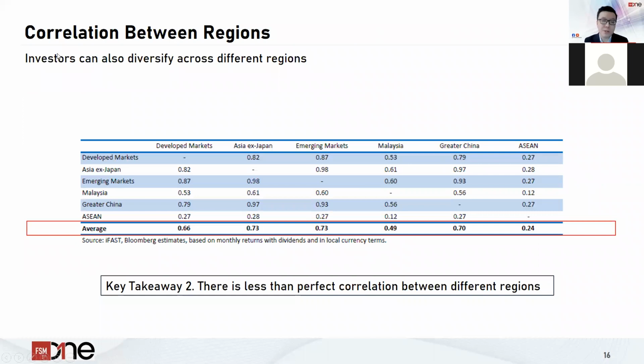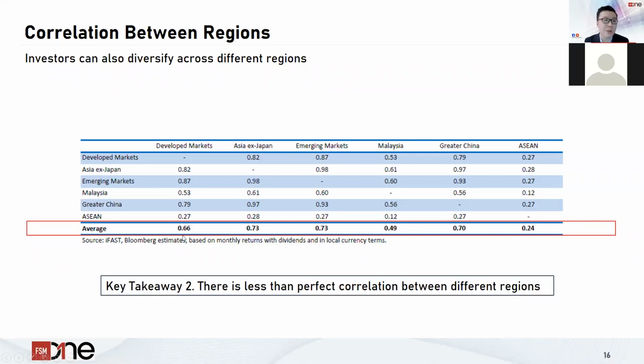What about between regions? We have developed markets, Asia, EM, Malaysia, Greater China, and ASEAN. So why we always say diversify across different regions is because they have less than perfect correlation between different regions. And you can see from the statistics here, they are positively correlated, but they are not perfectly positively correlated.